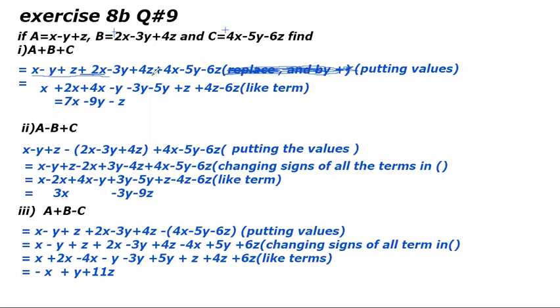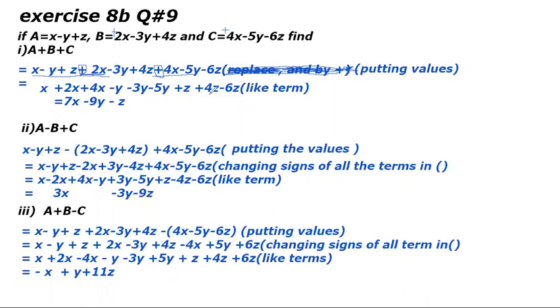When we write in horizontal form, we will write positive 4x. In the first step, you have to keep these two points in your mind: putting values, and putting a positive sign while you write the three algebraic expressions in horizontal form.